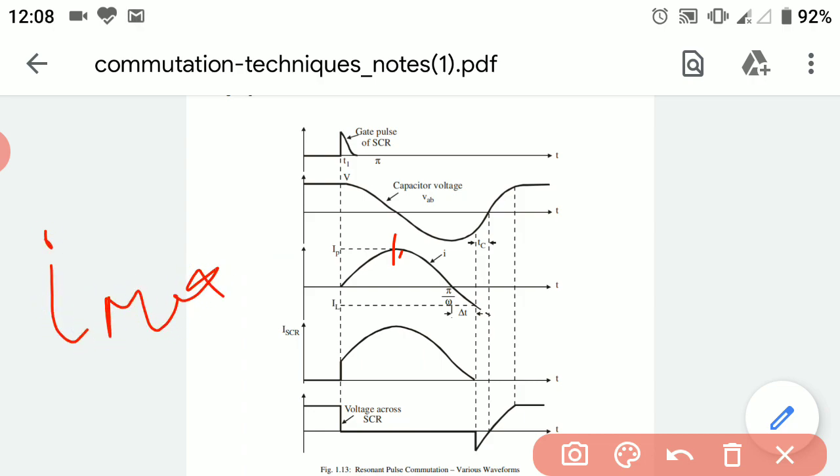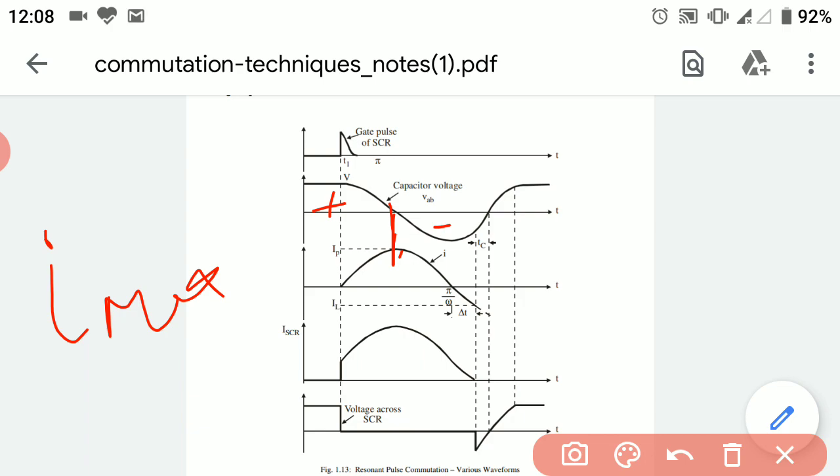At this instant, as we have discussed, the capacitor polarities will reverse. At this instant you can see that earlier the capacitor polarity was positive. After crossing the zero level, its polarity reverses its direction, that is negative polarity.